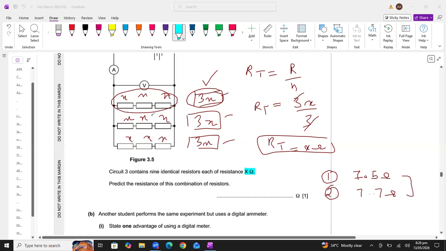So there is only a gap of 0.2 ohm. So now I can predict that circuit 3 resistance can be 7.9 ohm. If I add 0.2 ohm to 7.7, I will get the resistance 7.9 ohm.